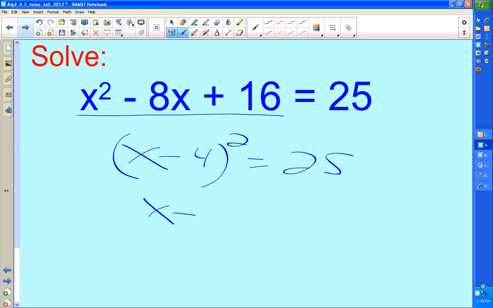On the left, it's easy. But if this is what you do on the left, what do you have to do on the right? Plus or minus. You can't just put 5. It's got to be plus or minus. Otherwise, you need absolute values over here, which is royal pain. So to solve, you get 4 plus or minus 5. What does x equal?